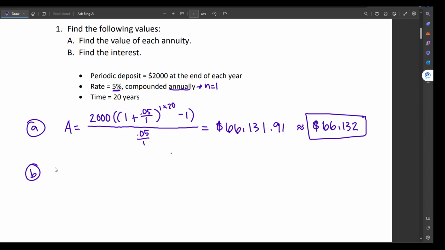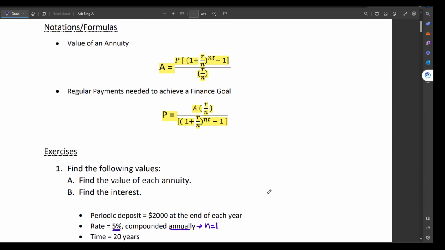Part B asks to find the interest. In order to find our interest, we have to figure out how much money that we have put into our account. So, interest equals your future value minus your deposits. Let me write that up here. I equals future value minus deposits.